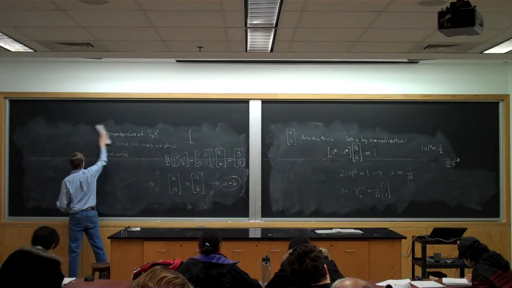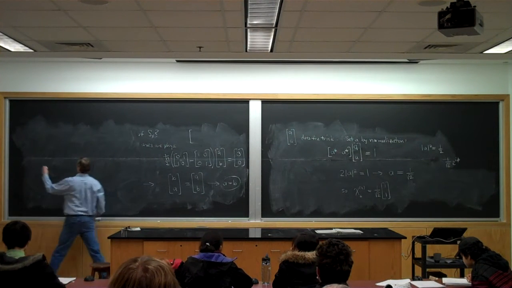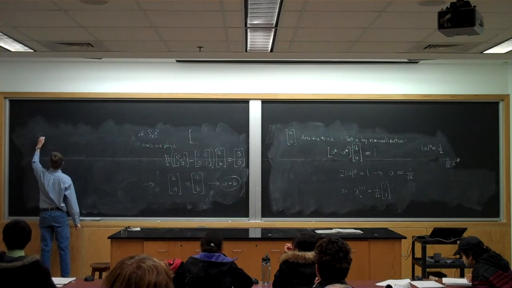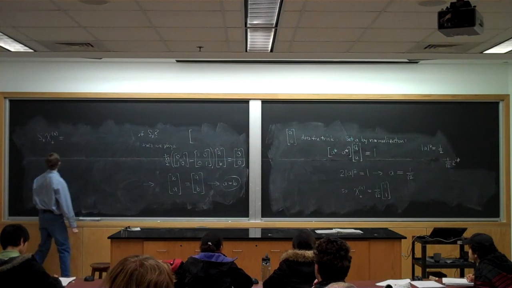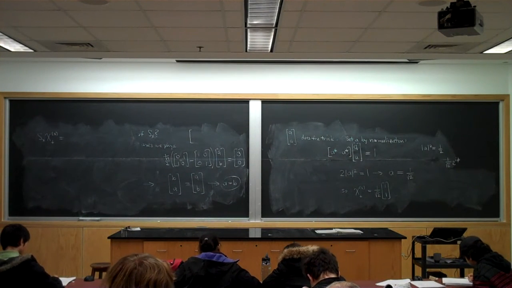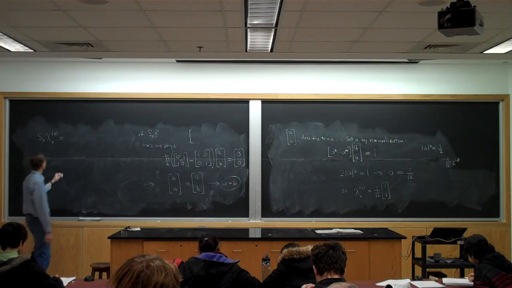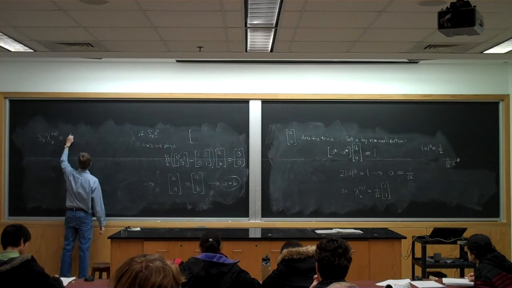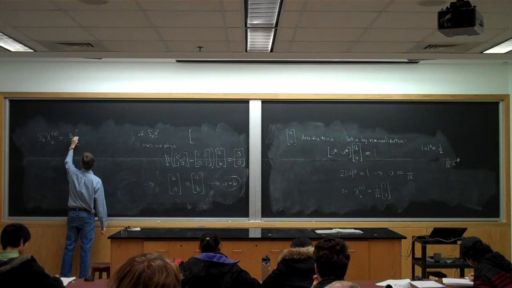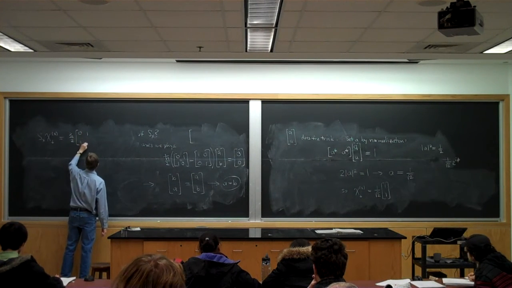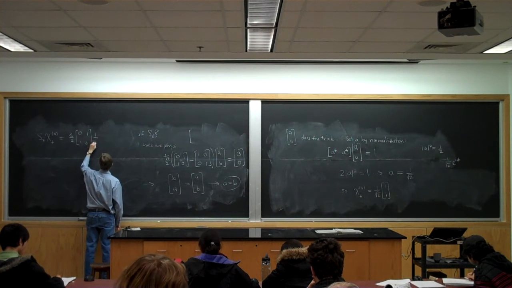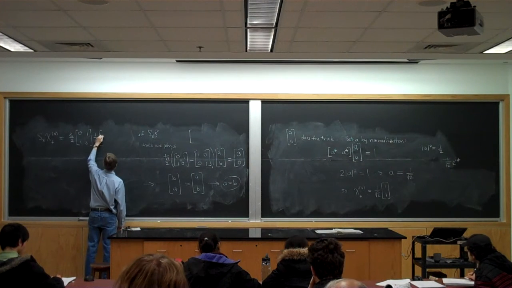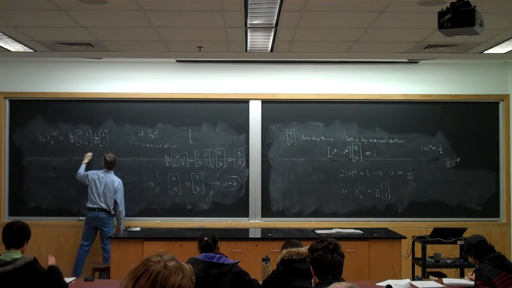It's worth doing a check. So let's verify that Sx applied to our chi plus gives us what we want. Sx is h bar over 2, 0, 1, 1, 0. And we're going to multiply that by 1 over root 2, 1, 1.